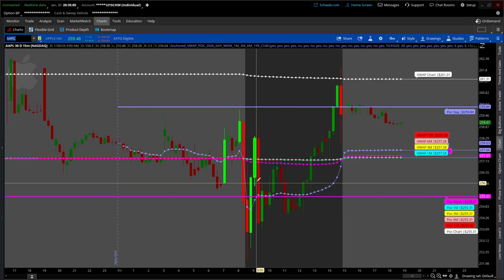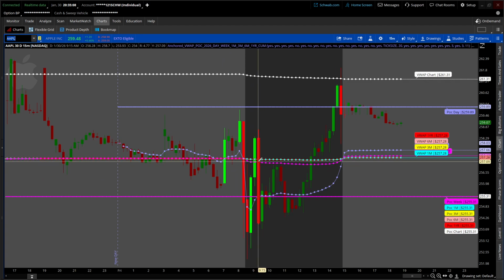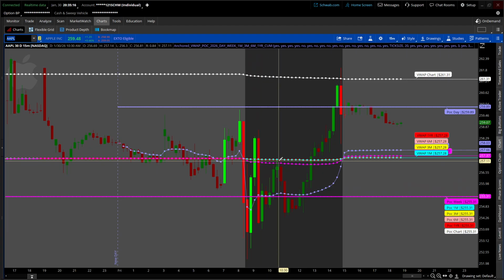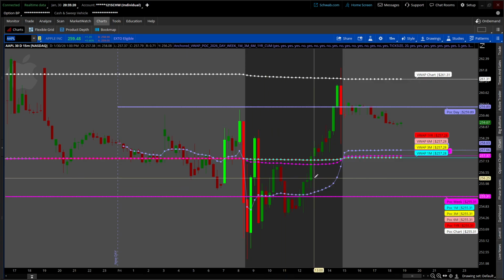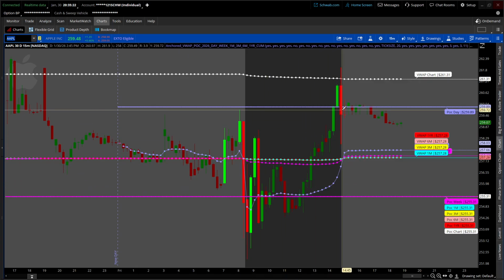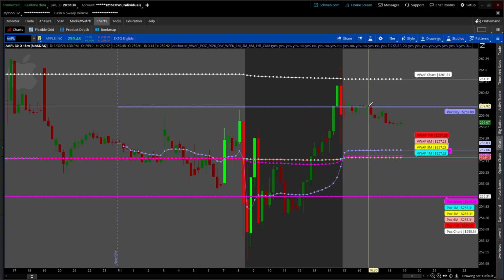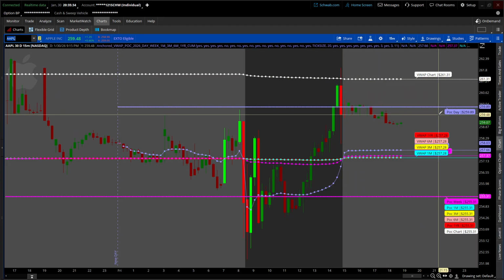You can see where it fell out, pushed above, couldn't really get above these two VWAPs, the weekly and the current stacked VWAP for the year, and then you have the daily VWAP here, and then once it was able to, it finally pushed above as well, and it ran into our point of control for the day, but actually ran to our 30 days worth of VWAP on the 15-minute chart, and found resistance right there.